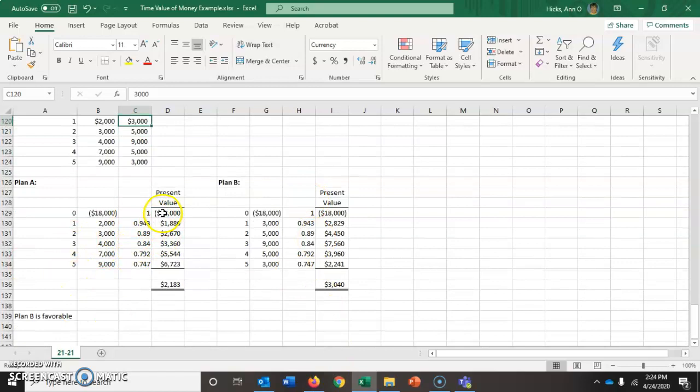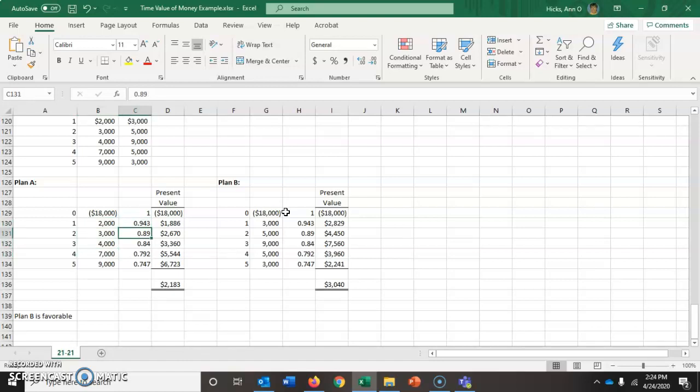So what we're going to do is present value each of these cash flows. Notice I can't use payment because the payments are not of equal dollar amount. So an annuity will not work. So in Plan A, I took the $18,000, that's a negative outflow, and that's being made today. So present value is not applicable. The $18,000 is the present value. Then I took each of the annual cash flows, and I found the factor out of table 2.